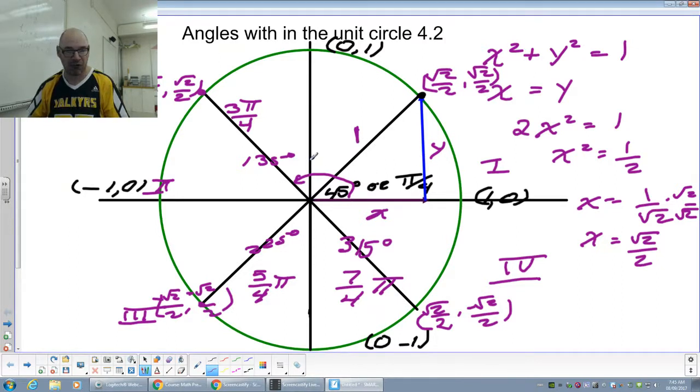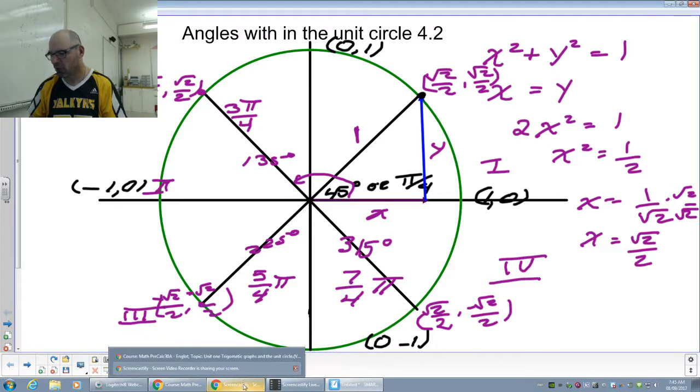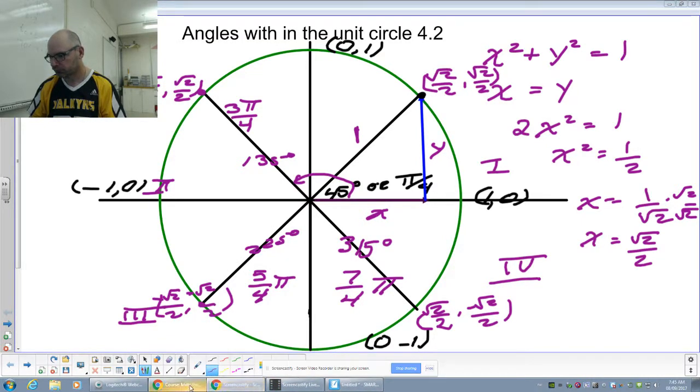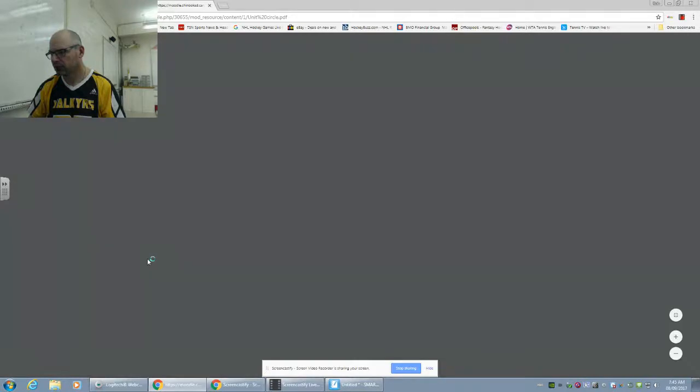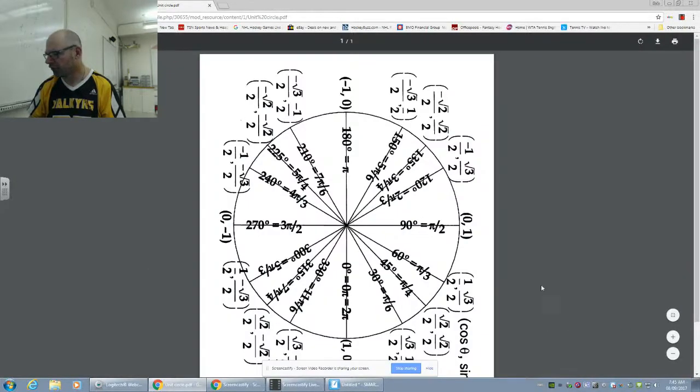But I never get you to derive those because if we go back to our formula sheet or our original page here on Moodle, and we open up this unit circle handout, even though it's sideways, so 90 degrees is here, I've got it sideways.